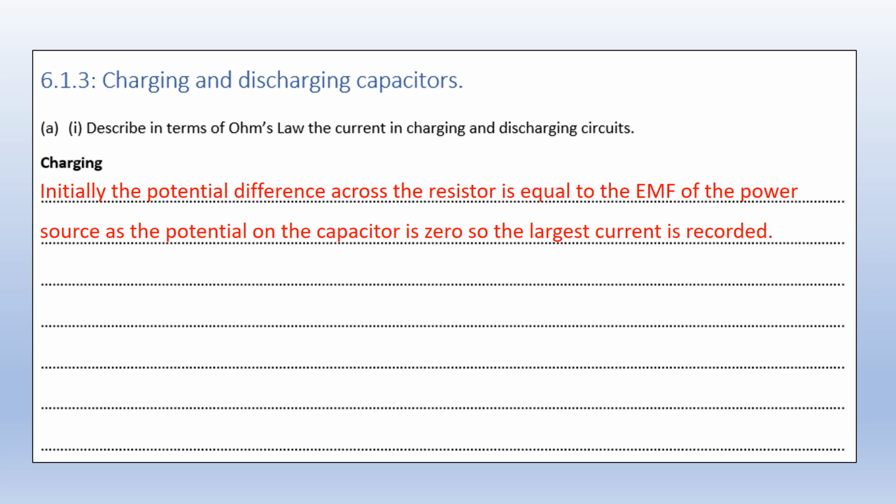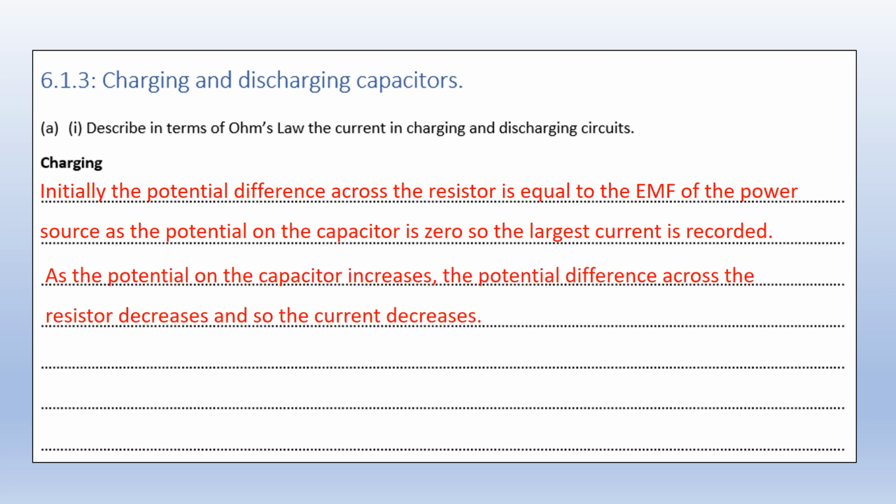Initially, the potential difference across the resistor is equal to the EMF of the power source, because the capacitor has not yet got any potential difference when you start charging it. That gives you the largest possible current, because there's no potential difference opposing the EMF source. That's why we start off with high current.